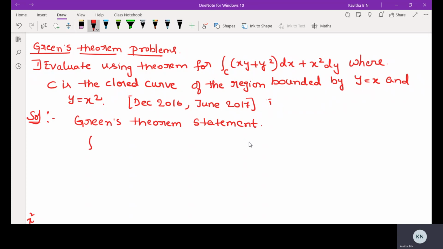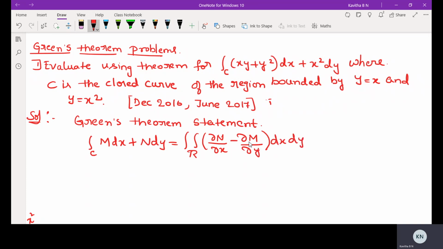Integral of C, M dx plus N dy is equal to the double integration of R, del N by del x minus del M by del y, dx dy.